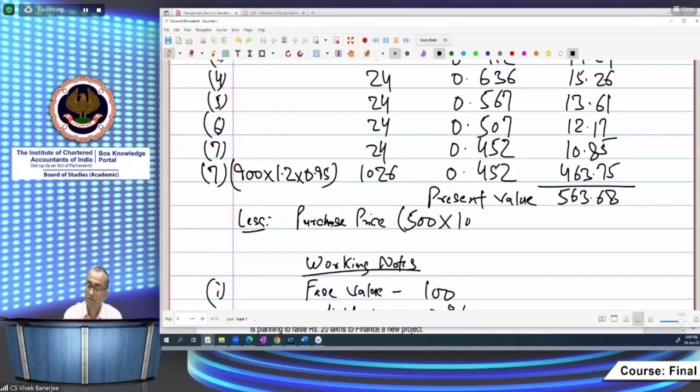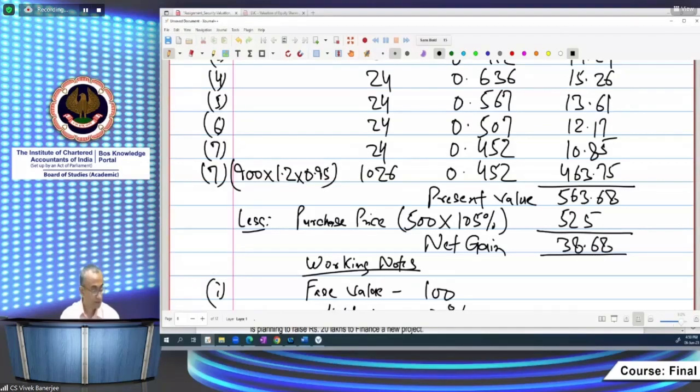So it will be 500 into 105%, including the incidental expenses. That is 525. So the net gain is 38.68.